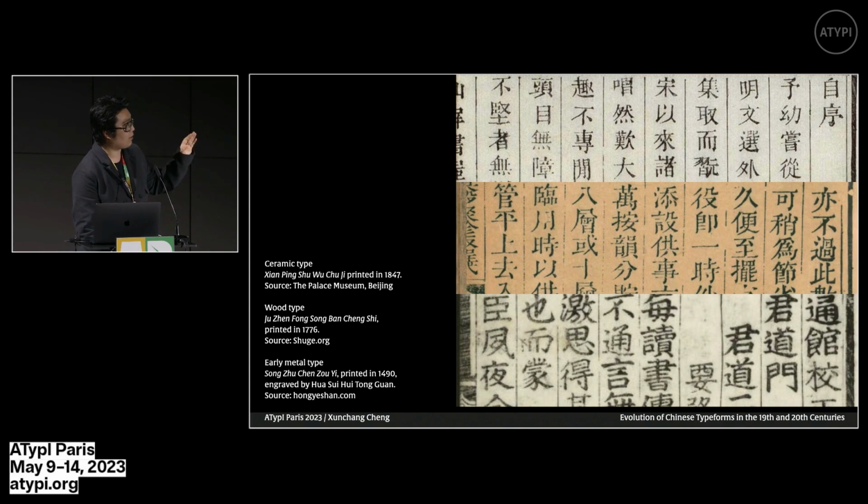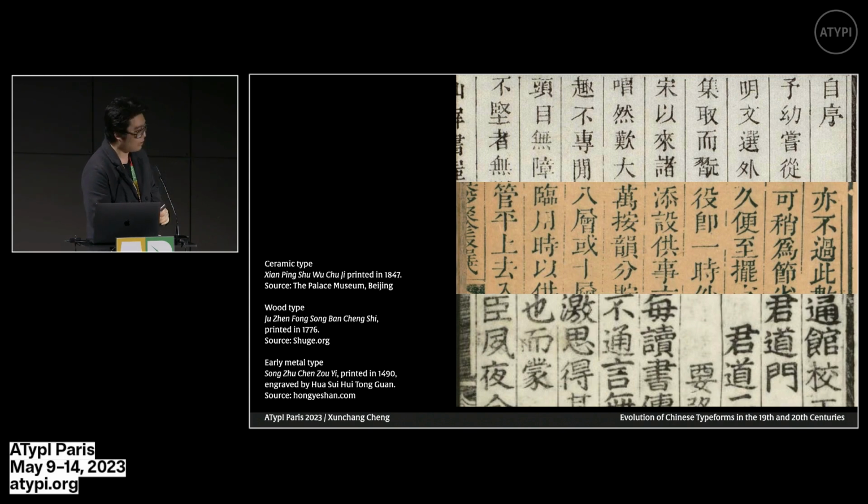Compared with these 3 different material types, they give us different feelings. On the top one, the horizontal strokes are quite thin, and sometimes they lost some strokes, because when they made the ceramic type, they needed to bake it to make it really hard. The middle is a wood mobile type, which also kept some texture of the wood.